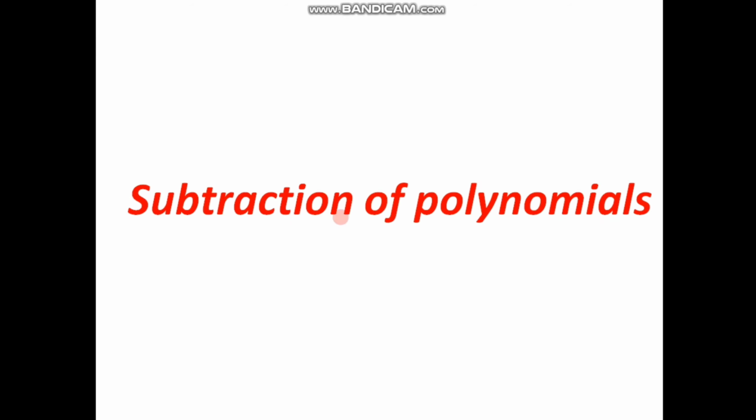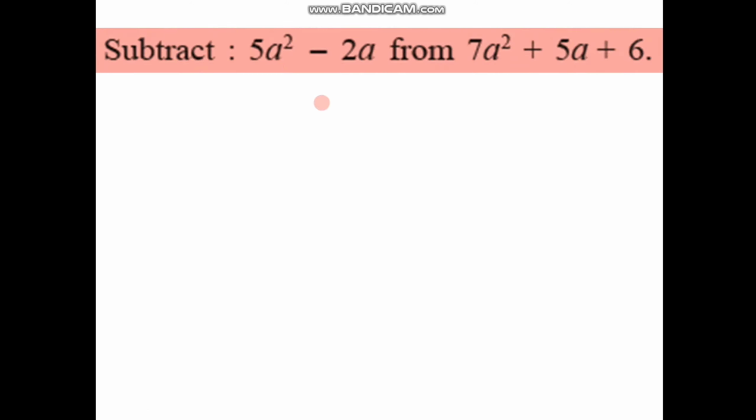Now let us consider the next operation, that is the subtraction of polynomials. For this again, let us have one example. Subtract 5a square minus 2a from the polynomial 7a square plus 5a plus 6. So again we have to subtract this first polynomial from the second one.